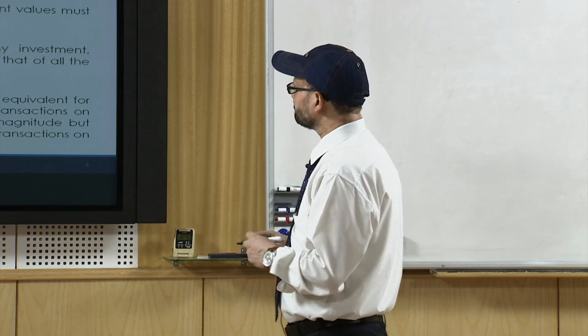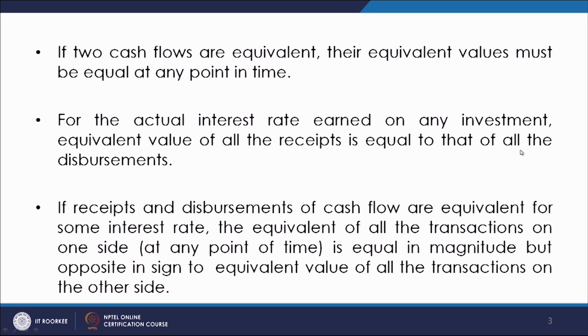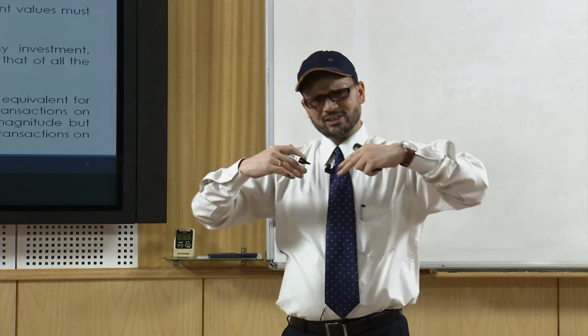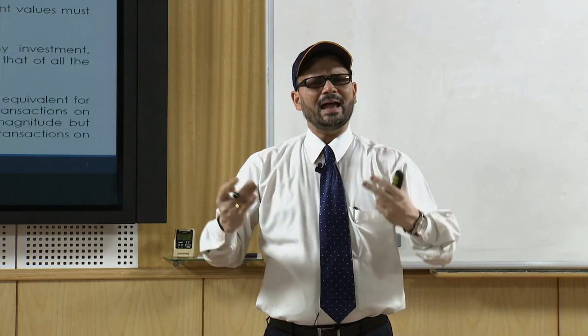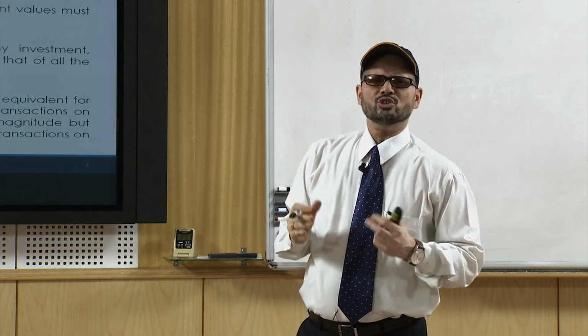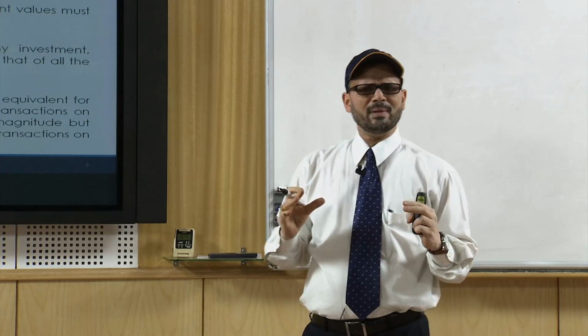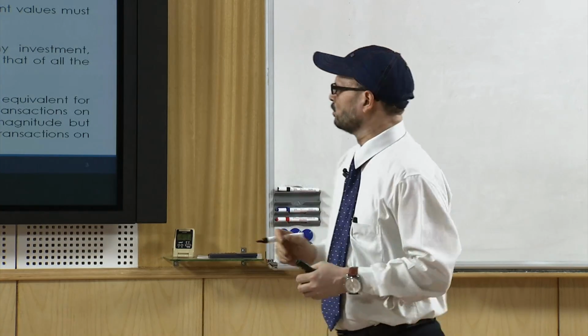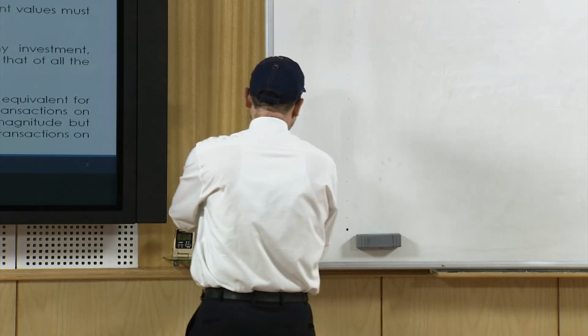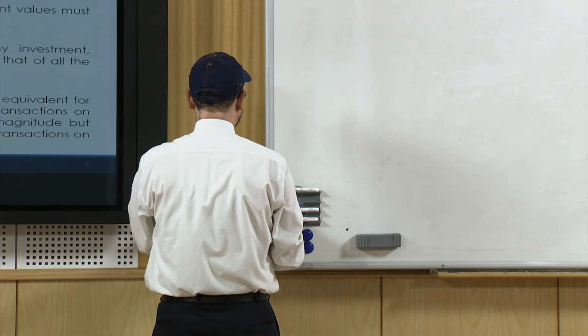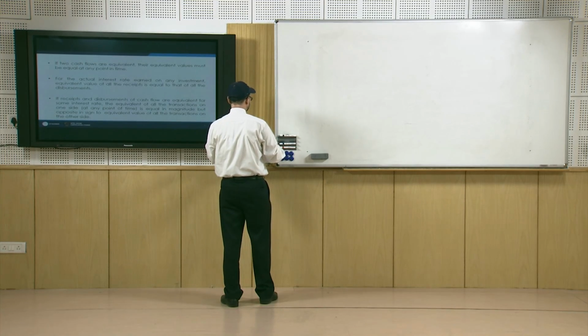The interest rate earned should be such that the equivalent value of all the receipts equals the equivalent value of all the disbursements. Receipts are taken as positive and disbursements as negative, so they will be equal in magnitude but opposite in sign. We can refer to a particular question and solve that.